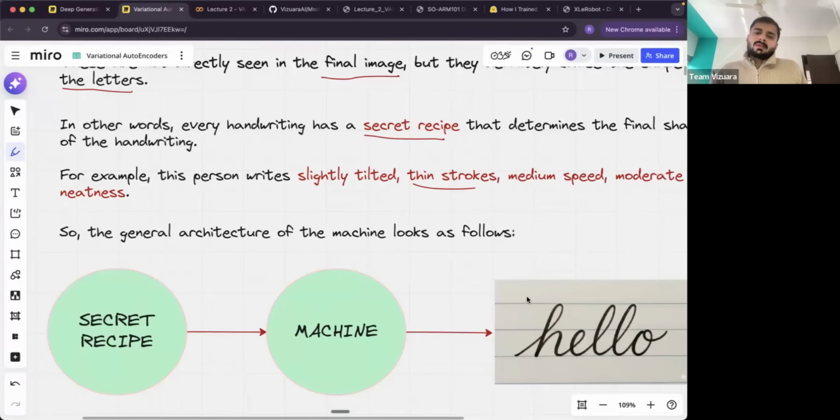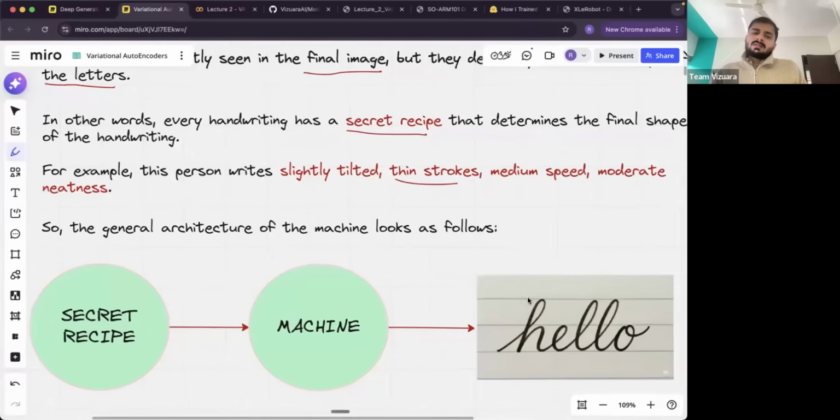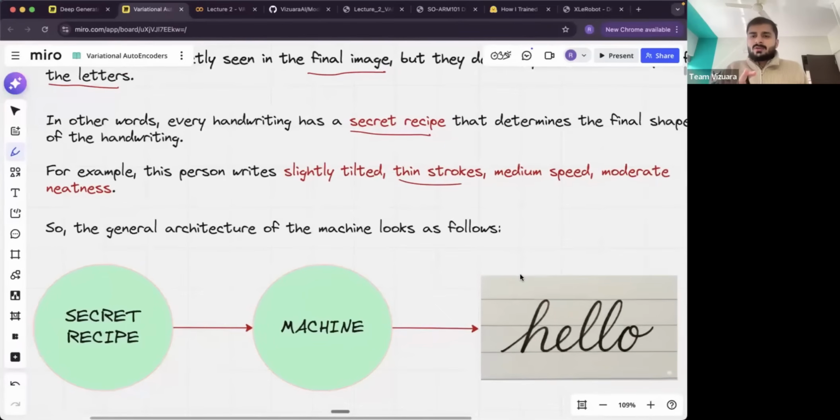Now, fine. At least now we have some structure to this machine. We are not starting from random. We are thinking that if we know a secret recipe, if we know the hidden factors, the tilt, the neatness, the pressure, we can type it into the machine.